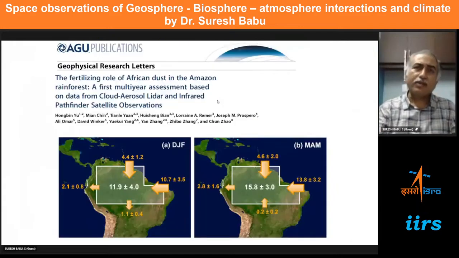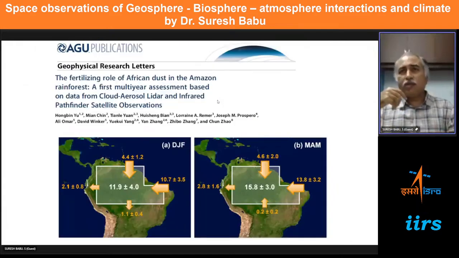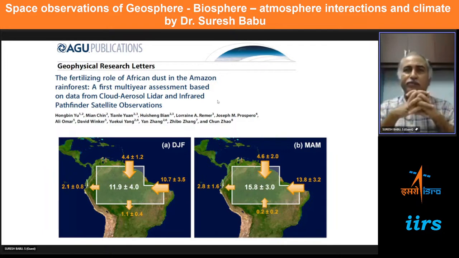Now, coming to some of the effects of the geosphere-biosphere interaction on the climate, one of the most important aspects, which we recently published, is the fertilizing role of African dust in the Amazon rainforest. This kind of study was possible only because of space-based observations like Calypso.